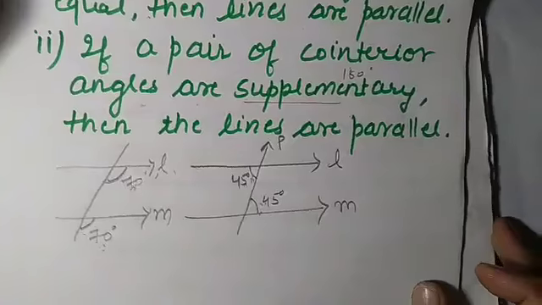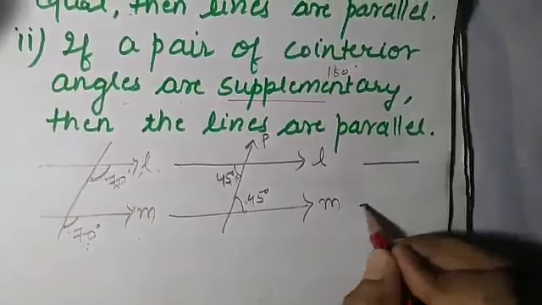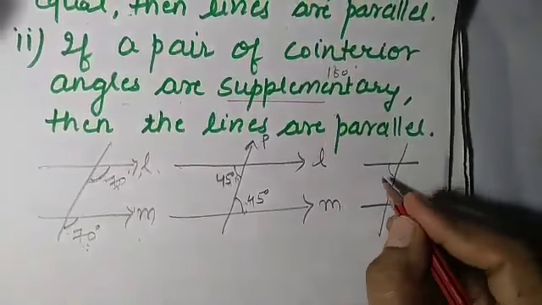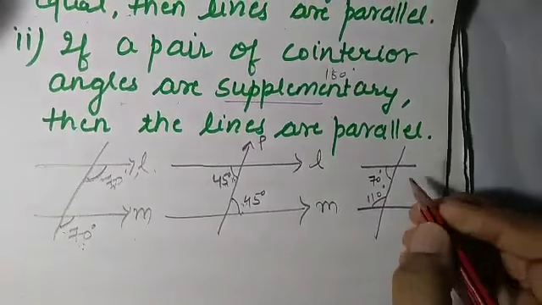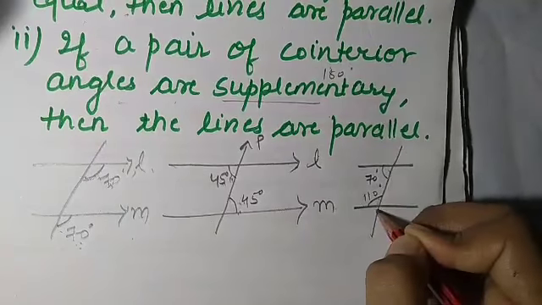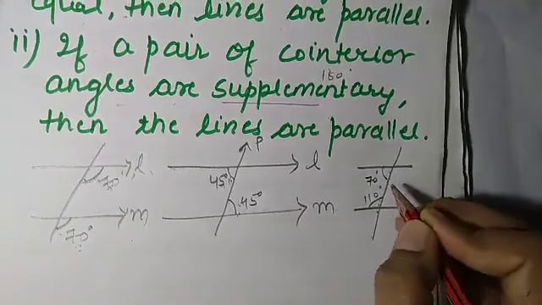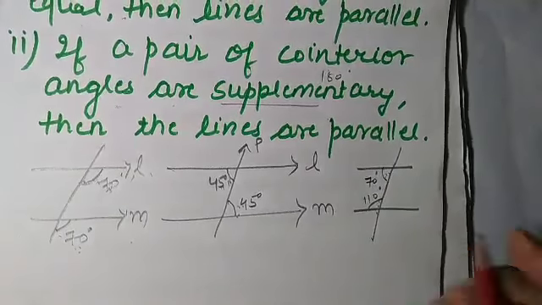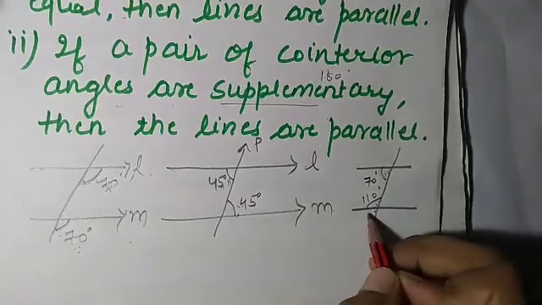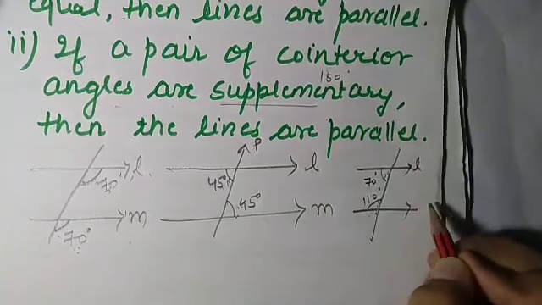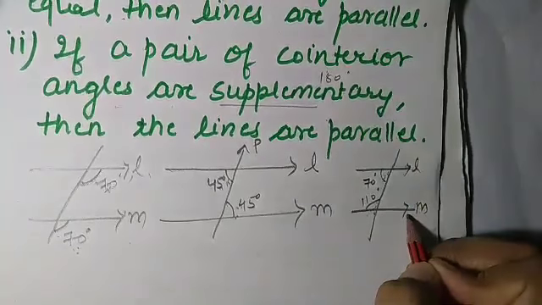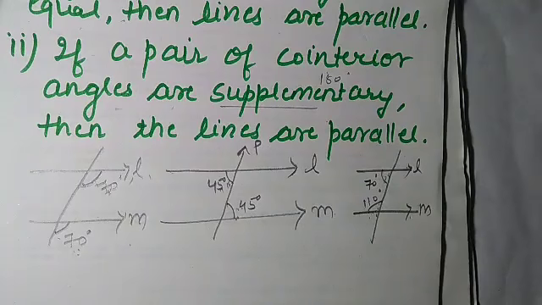Now the third condition. If I am saying this is 70 degrees and this is 110 degrees, these are co-interior angles. If their sum comes out to be 180, that is supplementary, then we can say the lines are parallel. And their sum is 180, so I can say line L is parallel to M. I hope you are getting this.